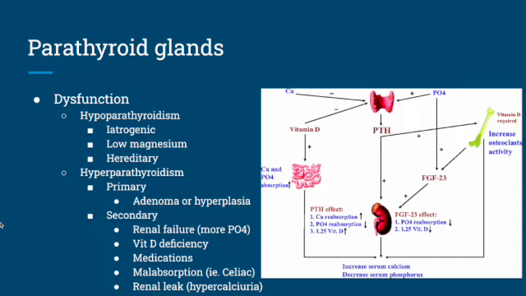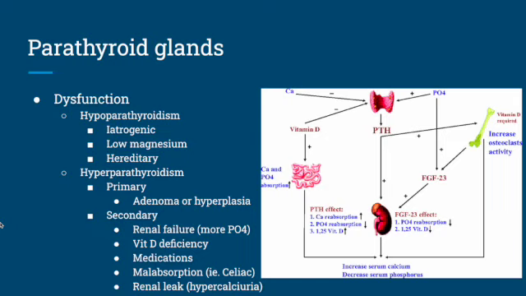And so some of the areas for dysfunction here could be low parathyroid hormone or hypoparathyroidism. And sometimes that could be iatrogenic, meaning that the medical system, through diagnosis or treatment, caused the issue. So for somebody who has a thyroid issue and they have it surgically managed, or somebody who has surgery on their neck for some reason, you can end up damaging or removing these parathyroid glands, and that could make you have low parathyroid hormone.